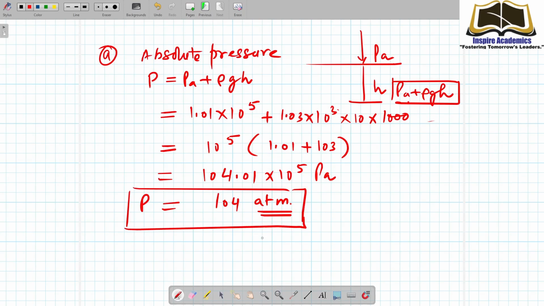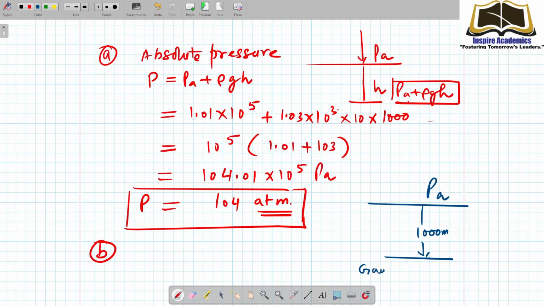Okay. The gauge pressure. Now I will tell you how you calculate the gauge pressure. Here it is. This was PA, and here at this point, which is 1000 meter down, what will the gauge pressure be?